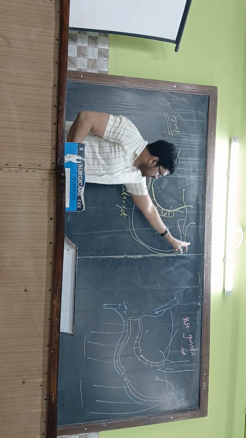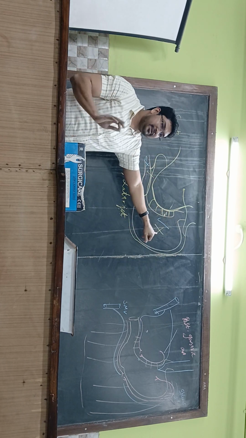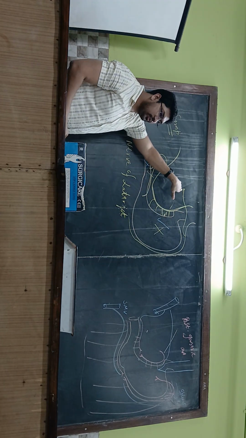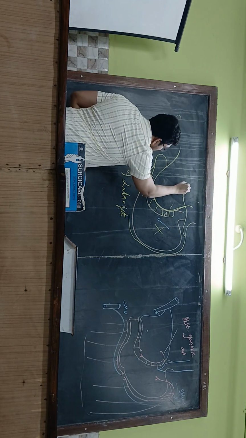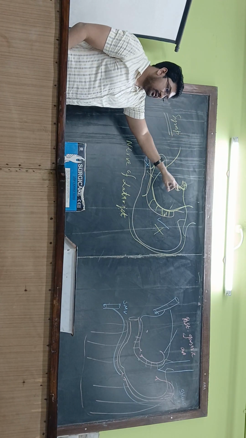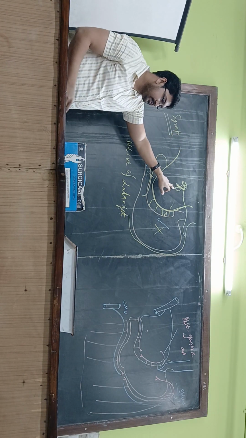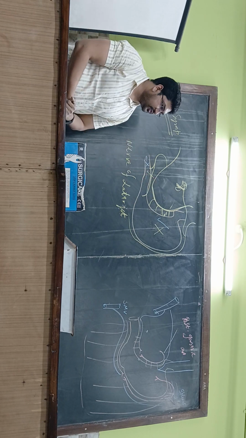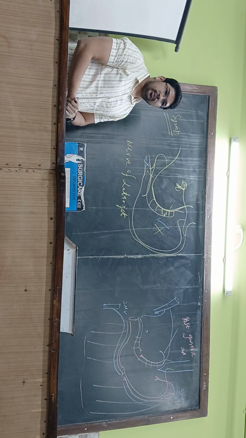Okay. And the left vagus nerve will be supplying the stomach by means of gastric branch, but one will be forming the celiac branch over here. That will be joining with the celiac plexus over here, through which it will be supplying the intestine till the junction between the right 2/3 and left 1/3 of the transverse colon. Okay.